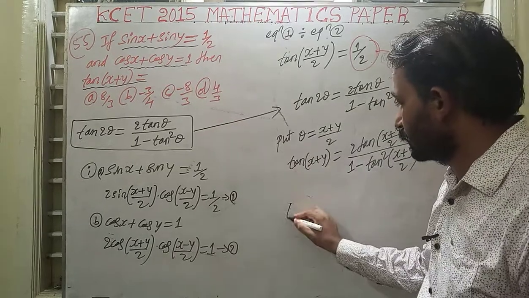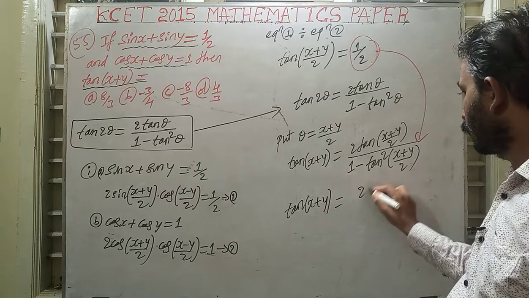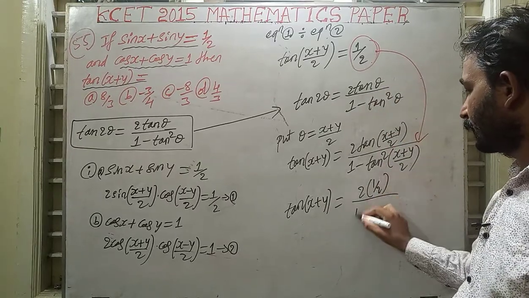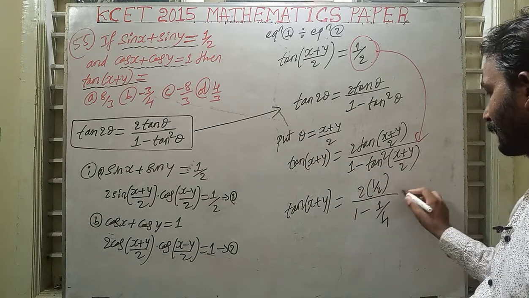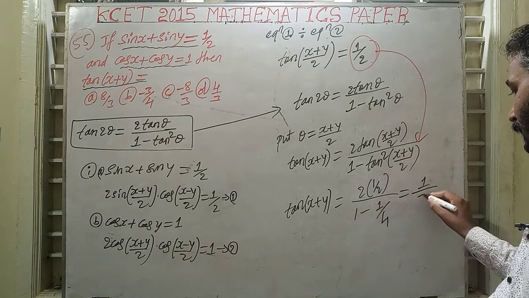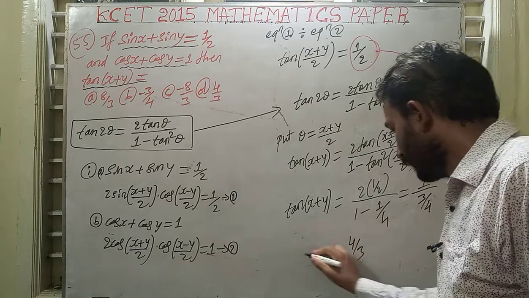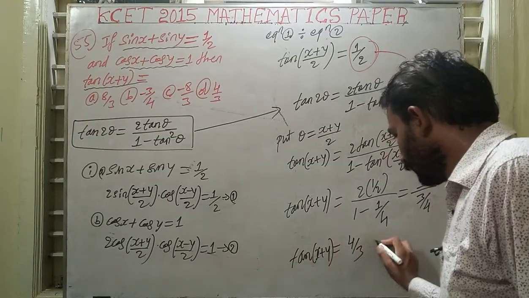So tan of (x plus y) is equal to 2 into 1 by 2 divided by 1 minus (1 by 2) square, which is 1 by 4. The 2 gets cancelled, 1 divided by, in this case 4 minus 1, 3 by 4, it can be written as 4 by 3. So tan of (x plus y) is equal to 4 by 3.